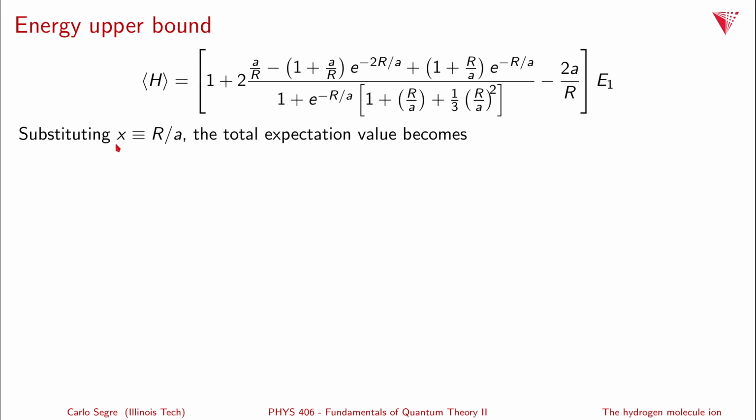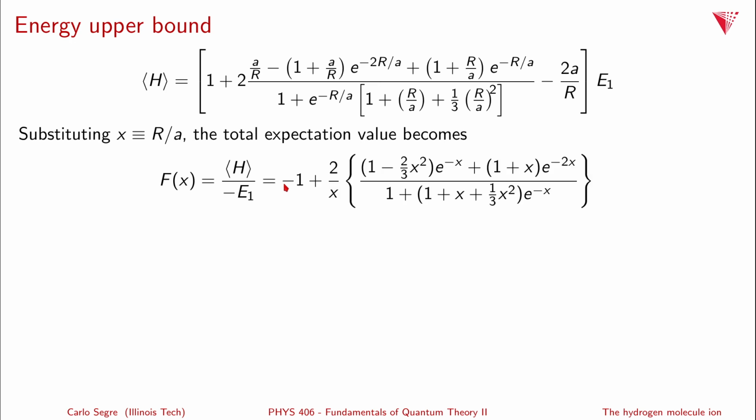If we now make a simple substitution of x is equal to R over a, we get a function f of x, which is the expectation value of H over minus E1, becomes minus 1 plus 2 over x times the quantity 1 minus 2/3 x squared e to the minus x plus 1 plus x e to the minus 2x, all over 1 plus the quantity 1 plus x plus 1/3 x squared, all times e to the minus x.